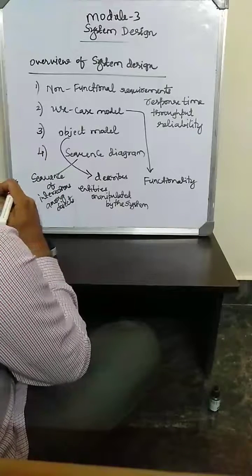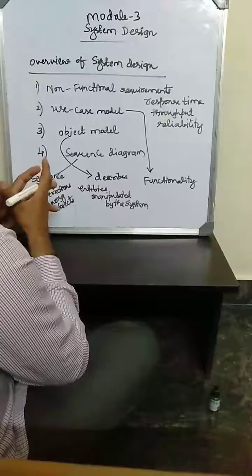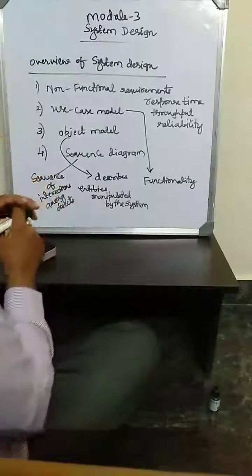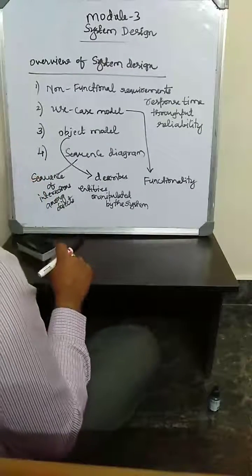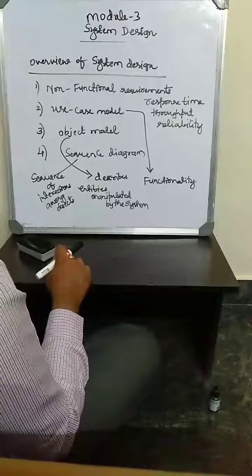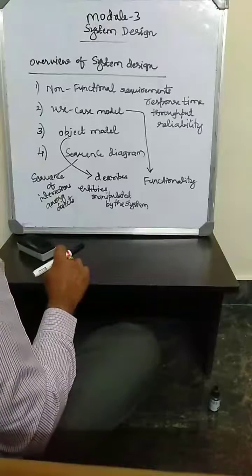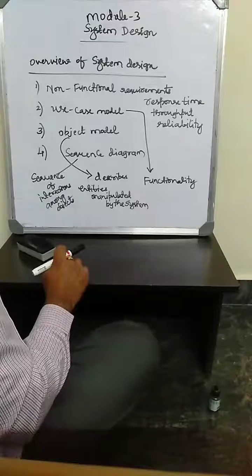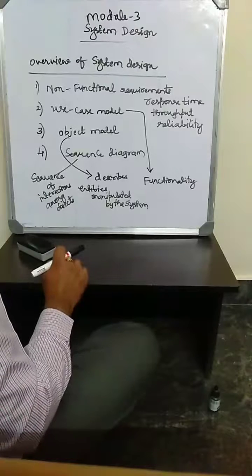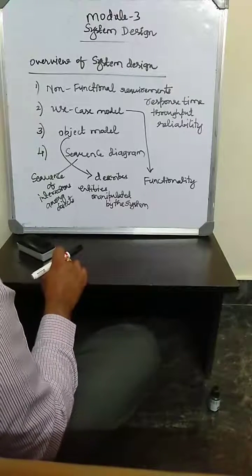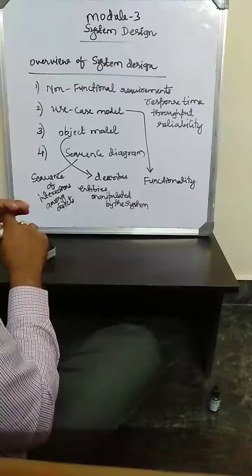Next is the object model, which describes the entities manipulated by the system. And the sequence diagram is necessary for representing the sequence of interactions among objects. So this is an overview of the system design.